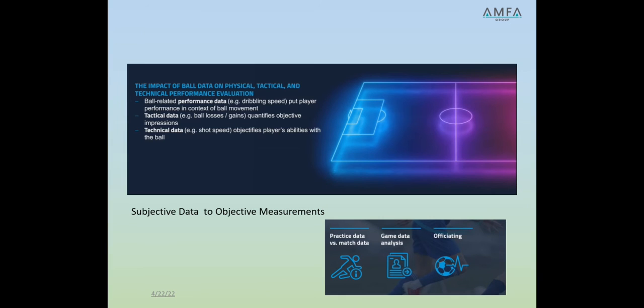The impact of ball data on physical, tactical and technical performance evaluations is done with the connected ball. The best thing to note is it is no longer subjective data, it's an objective measurement. So actual and factual data speaks much more than a subjective assessment.